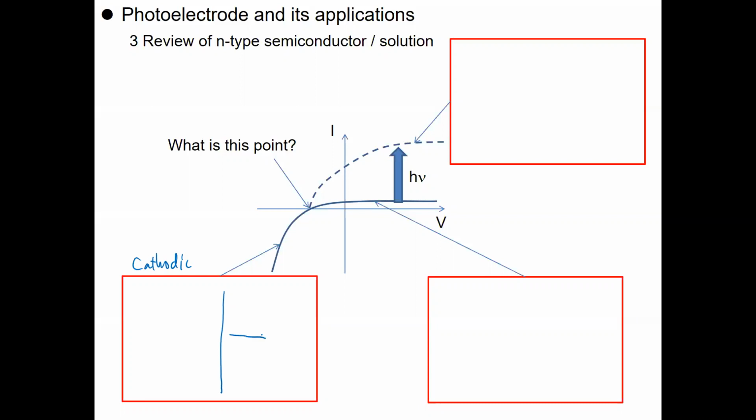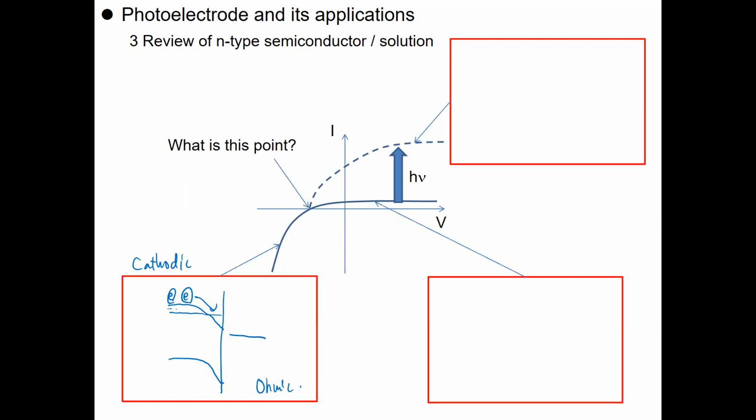Chemical species and the Fermi energy are something like this. Electrons can go to the solution side to generate a current exponentially increasing. So this is an ohmic contact.